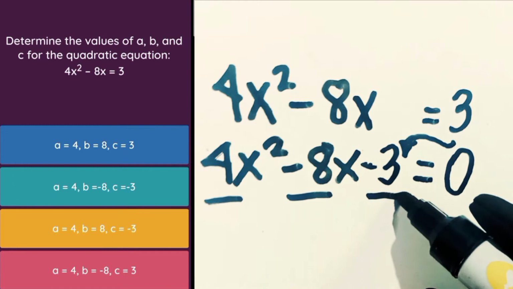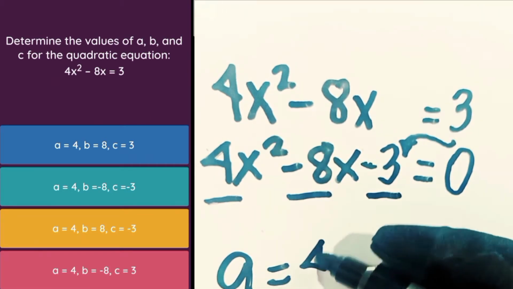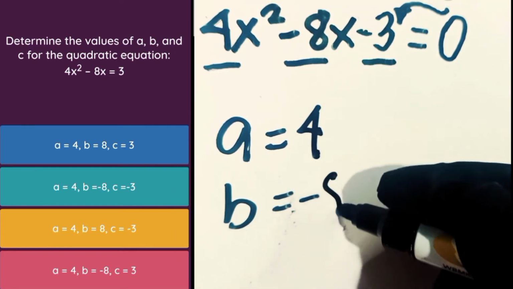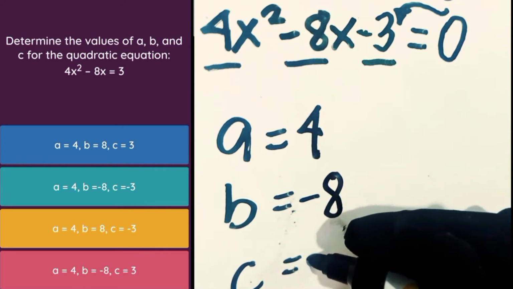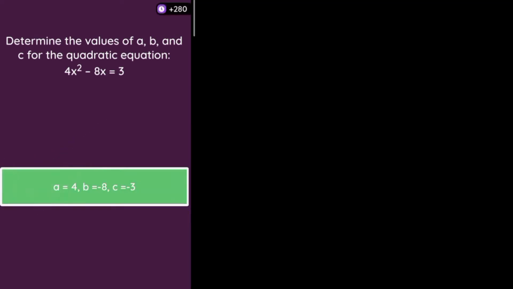So let's write it down: a equals 4, b equals negative 8, and c equals negative 3. So we're done getting the values of a, b, and c. Yay!